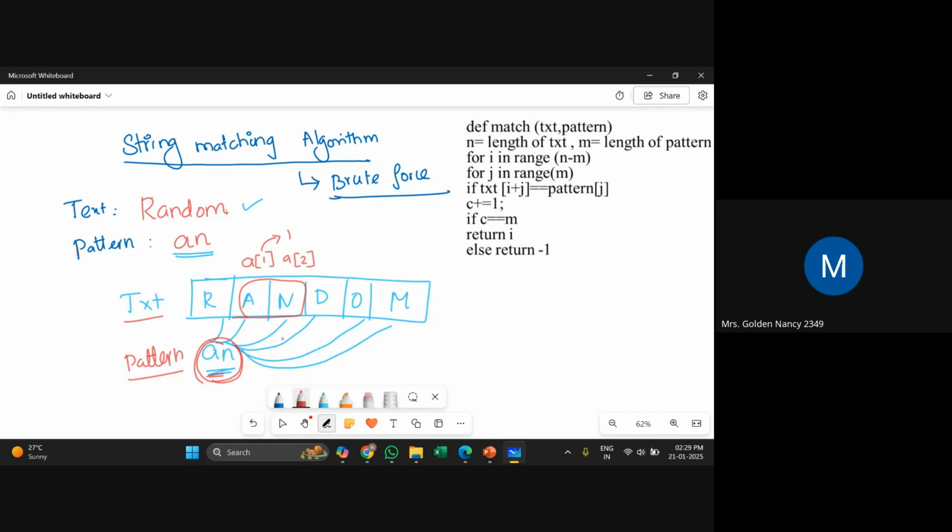So this is the algorithm. What is the algorithm actually?